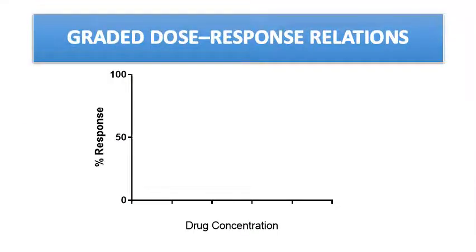Okay, so in the graded dose-response relationship, the curve can be represented with the drug concentration on the x-axis and the response on the y-axis. As we said in the previous slide, increasing the drug concentration will increase the availability of the drug on the receptors and enhance the drug-receptor interaction, which will cause an increase in the response or the effect produced by these receptors.